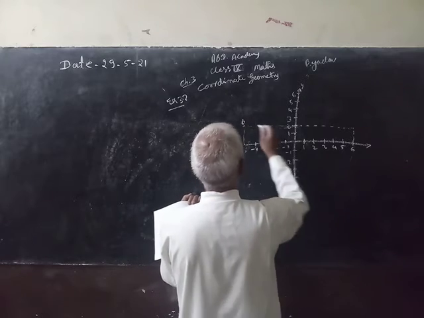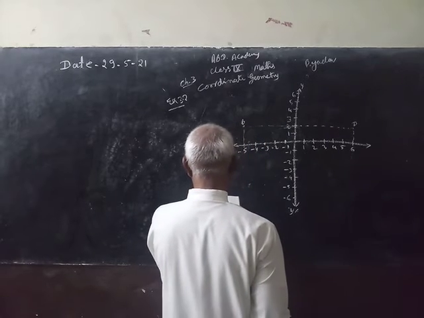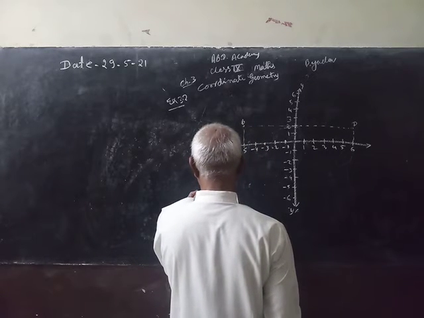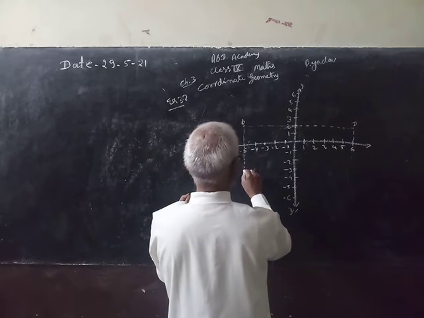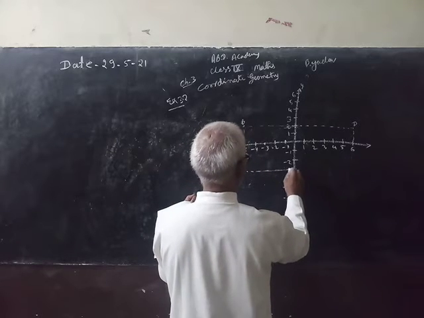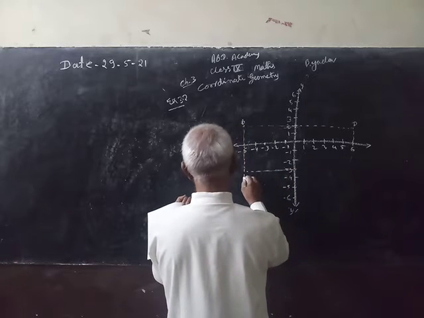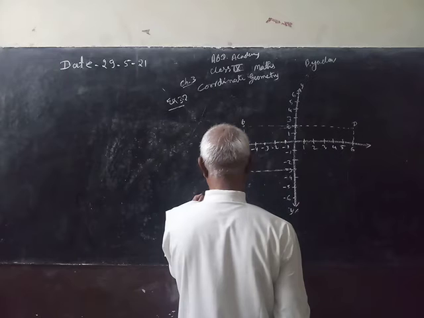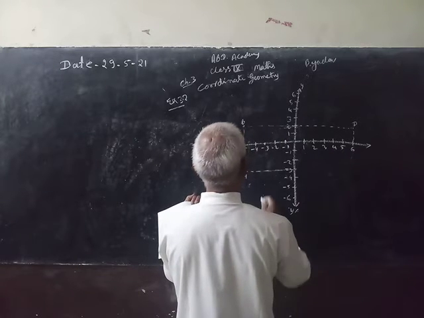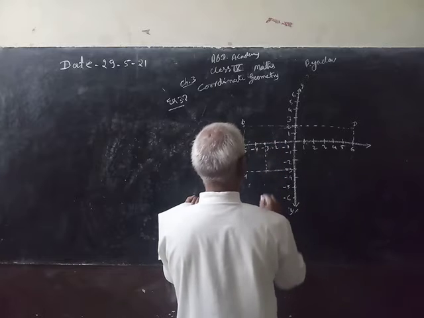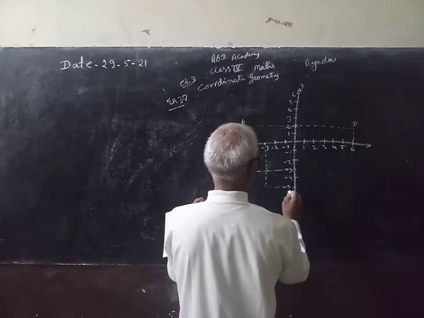Here is B, here is D. And the line below 5 goes to minus 3. Here is H, and from minus 3 a line goes to join here minus 5.